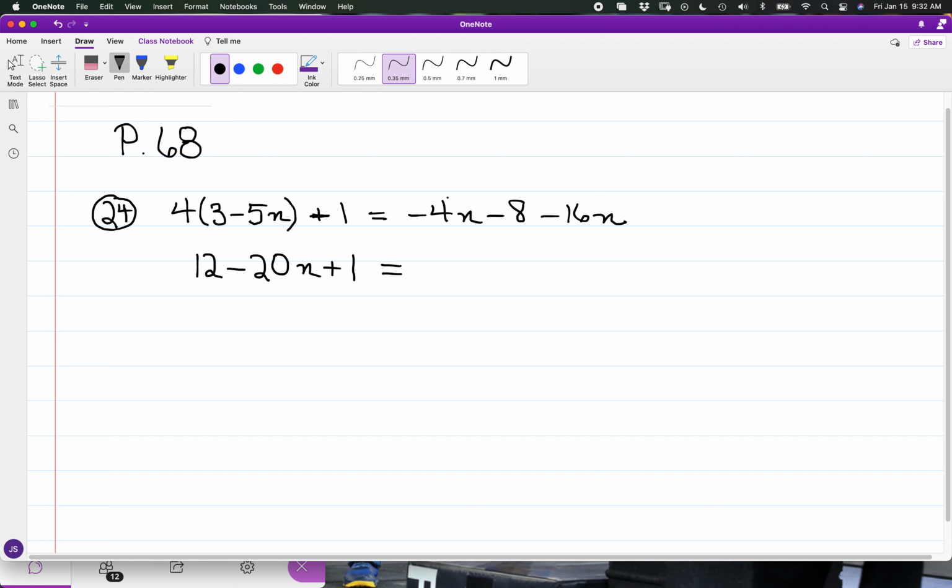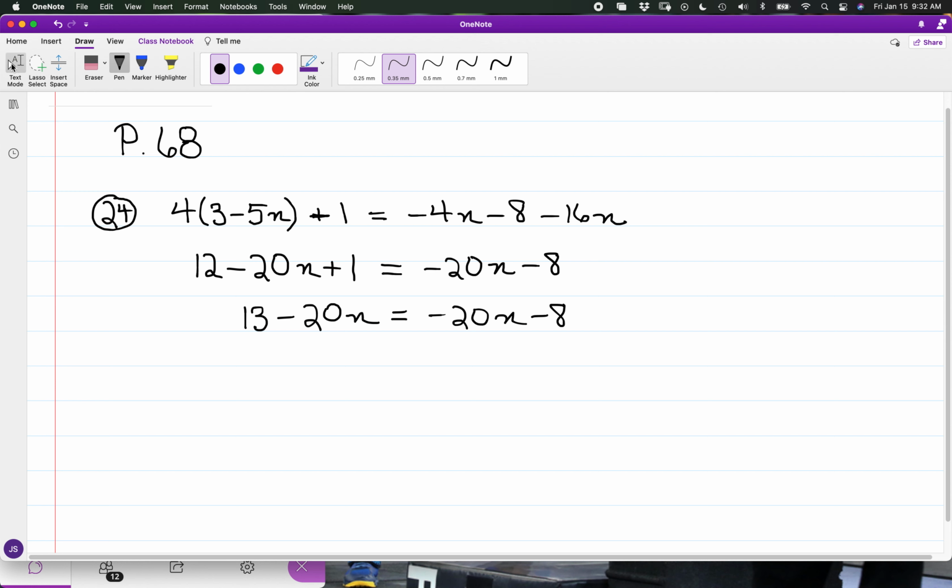So we have negative 4n and negative 16n, which will combine to negative 20n minus 8. And on the left, we have constants to join together. So 12 plus 1 is 13. So you have 13 minus 20n is equal to negative 20n minus 8.